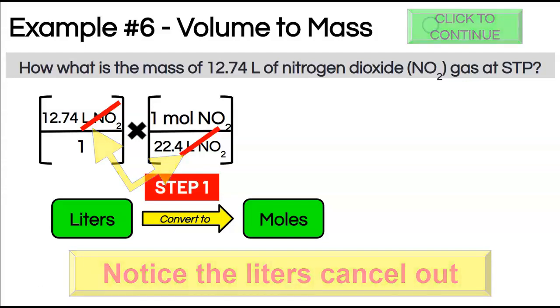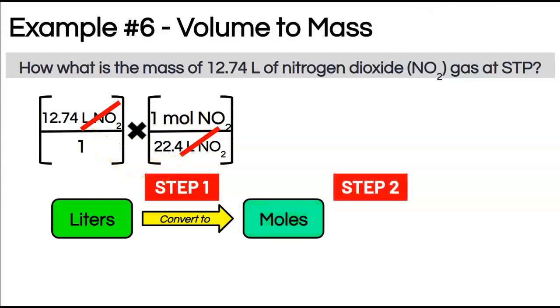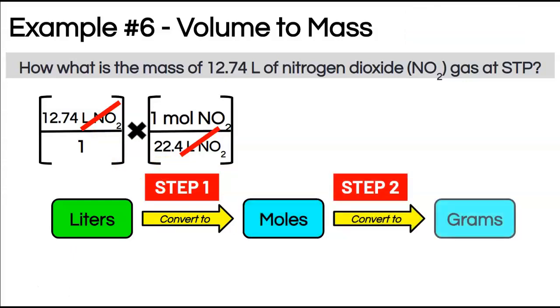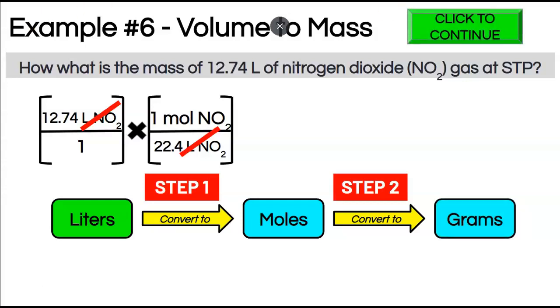Step number 2 is going from moles into the grams that we were asked to find in our problem. Now I've converted the liters I originally had to the mole. Now I'm going to take my moles and convert them into grams.